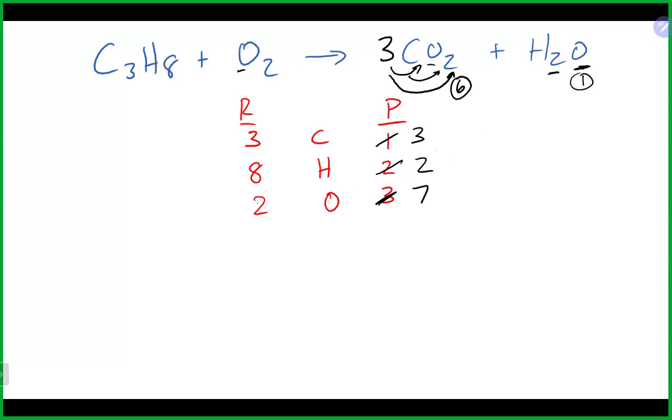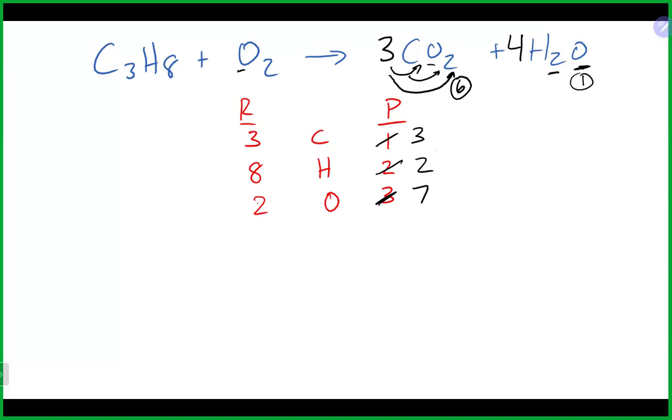Now, at this point, I am personally going to still avoid the oxygen because it's still in a lot of places. Much easier to balance at this point is hydrogen, as it's again only in one thing on each side, right? So we have 8 on the left of hydrogen. To fix the hydrogen on the right, we will need to put a 4 in front of it.